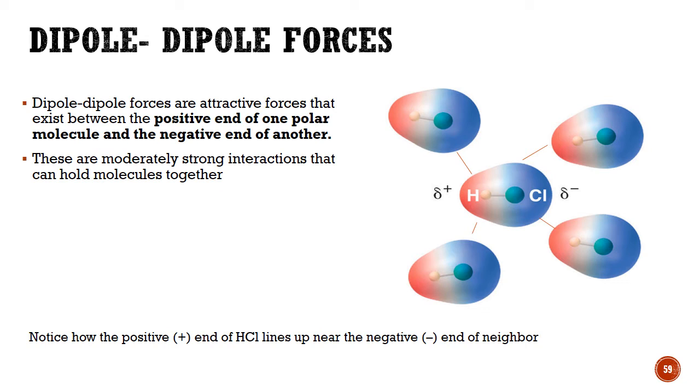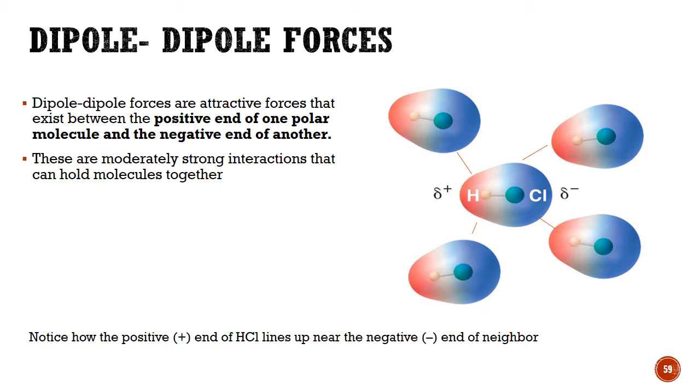Okay, so dipole-dipole forces are actually very important forces. They are attractive forces between molecules that hold them together. Now, why are they attracted to each other? Well, remember that a dipole molecule, a molecule that is polar, will have a positive end and a negative end.